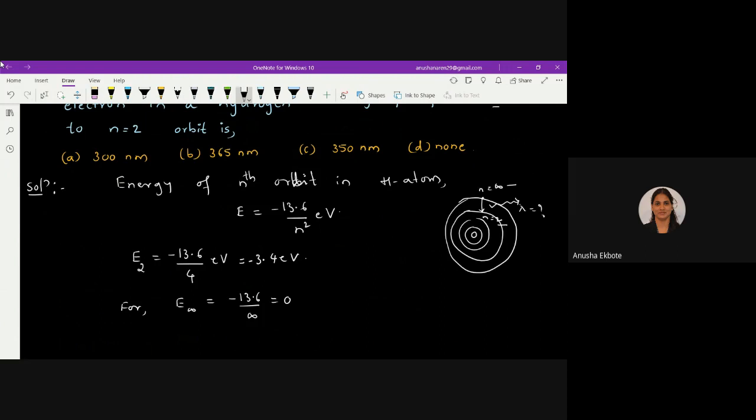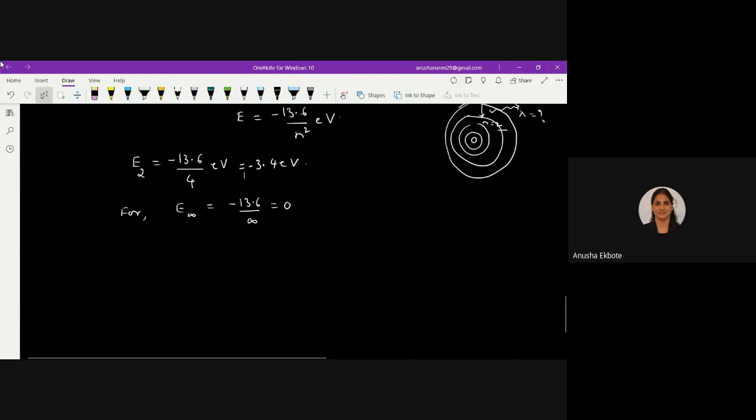When you want to find the difference in the energy, E infinity minus E2 is nothing but hc by lambda. So 0 minus of minus 3.4 eV is equal to hc by lambda.